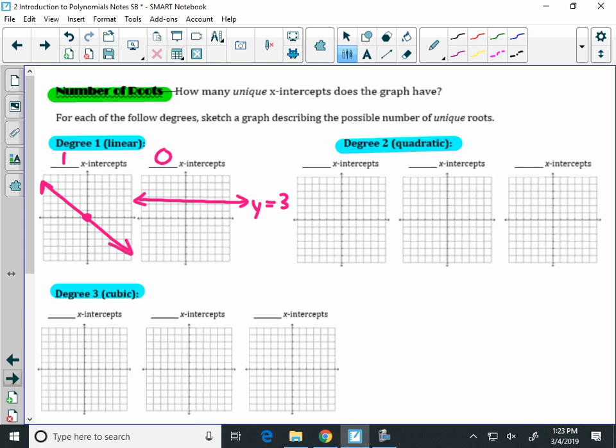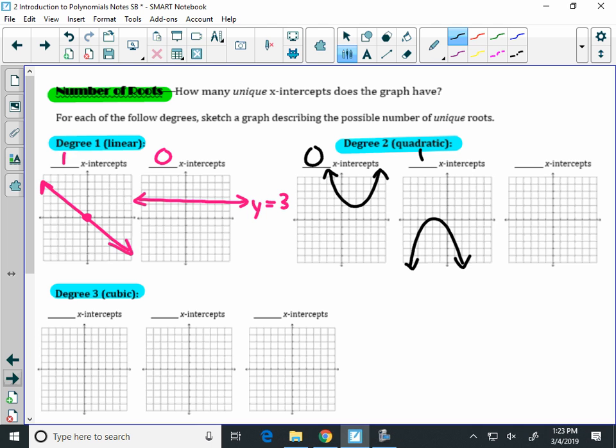It won't hurt anything. Degree 2, how many X-intercepts could you have? Think about parabolas. You could have 0 X-intercepts for a parabola, right? And that just means that you have a parabola that never crosses the x-axis. What other option of X-intercepts could you have? 1, okay, and that would come up, I'll do an upside down parabola, come up and touch the axis and bounce off, and we're going to investigate that, I think tomorrow actually.